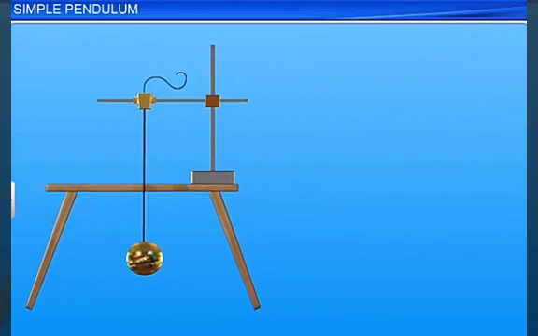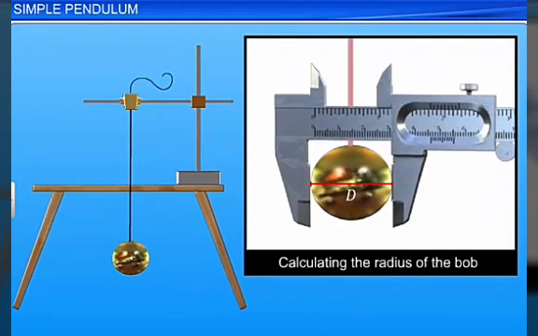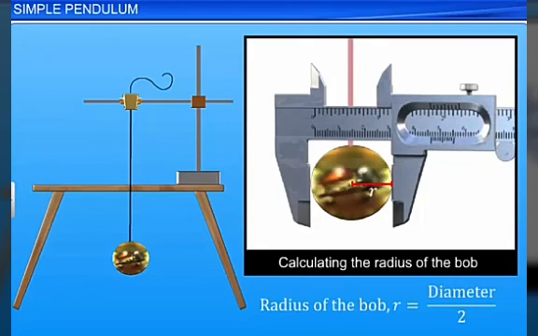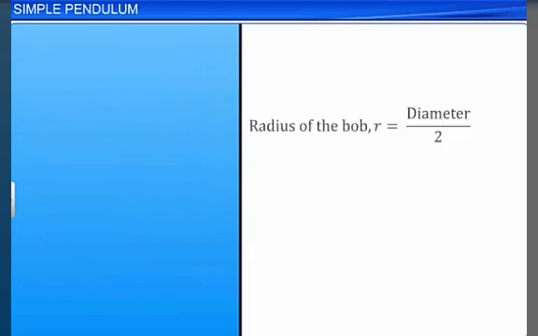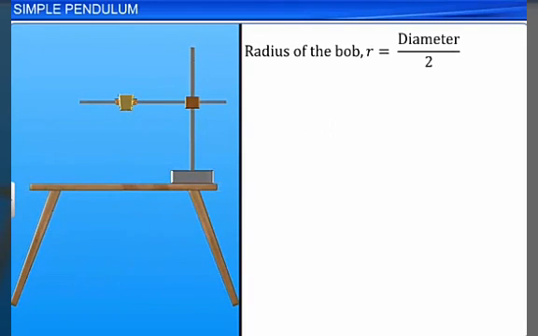First, find the diameter of the bob using an ordinary scale or vernier calipers. Calculate the radius r of the bob by dividing the diameter by 2. Place the iron stand over an experimental table. Tie the bob to the thread and suspend it from the stand with the help of the cork and clamp, such that the simple pendulum is set up.